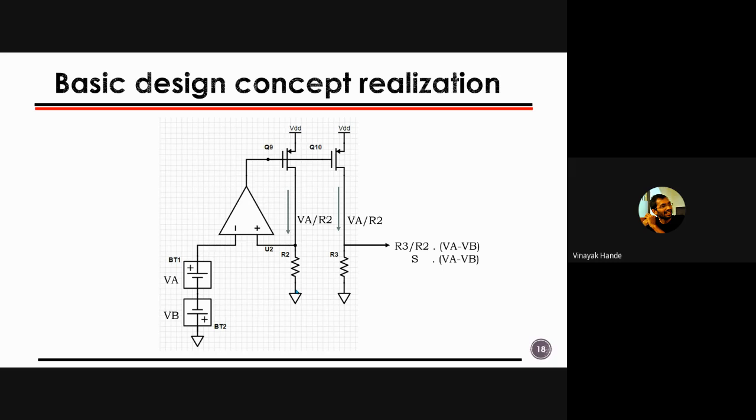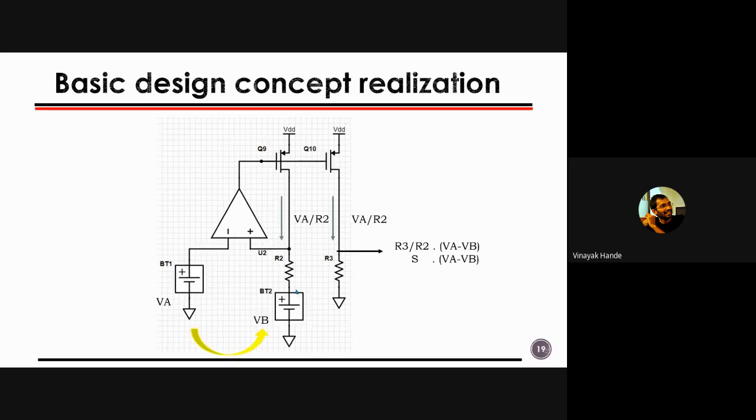It does not make any sense to connect the voltage source in series like that. So what I can do is remove that VB and put it into the VA branch by just following the direction of the arrow. Nothing changes, right? For that matter, I'll get the amplified version of VA minus VB.